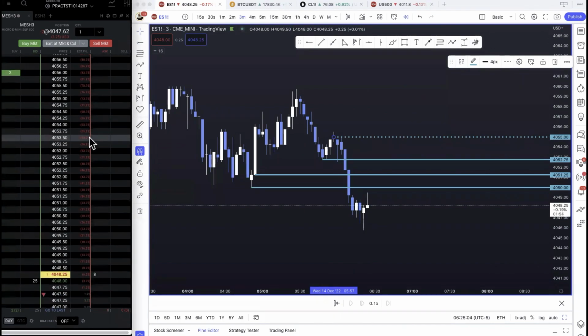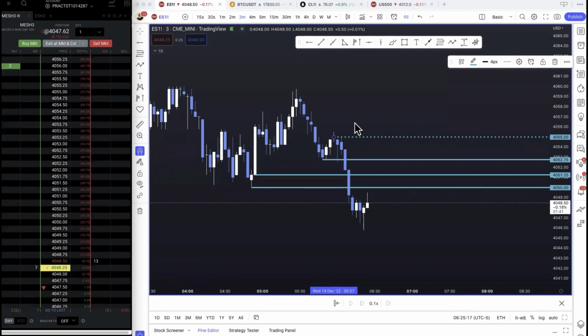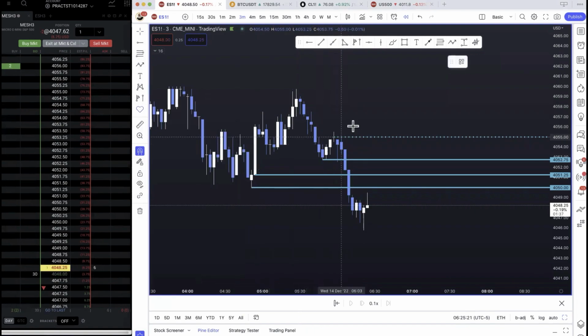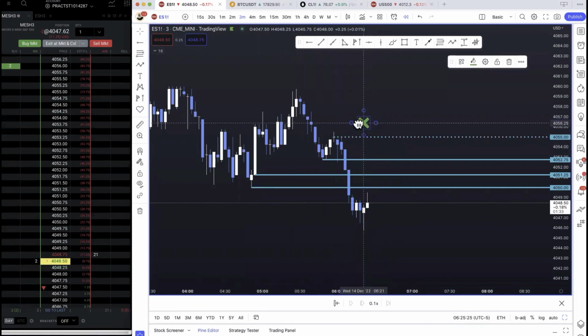And now my stop is set at 56. That's my protective stop. Let's say news came out and this thing flew. At least I've got a protective stop in there, and it's at a logical location, which is above this break level. It's up here.